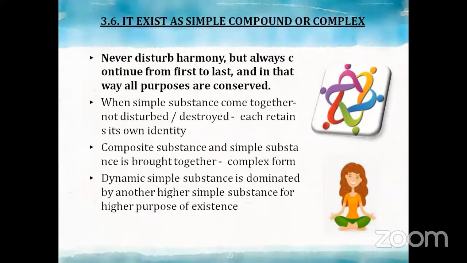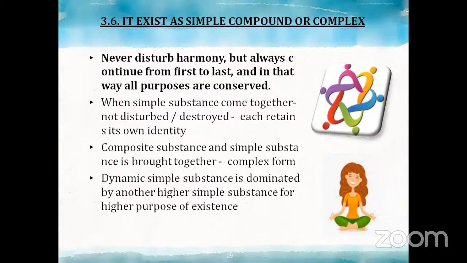And next is, it exists as a simple compound or a complex. So the simple substance, which is the vital force itself, never disturbs the harmony but always continues from the first to the last, and in that way all purposes are conserved. When simple substances come together, they are not disturbed or destroyed, and each retains its own identity.